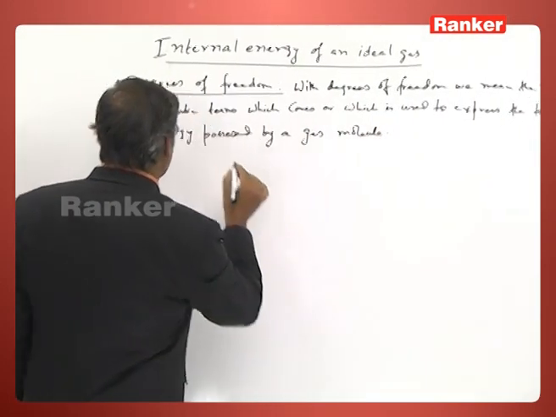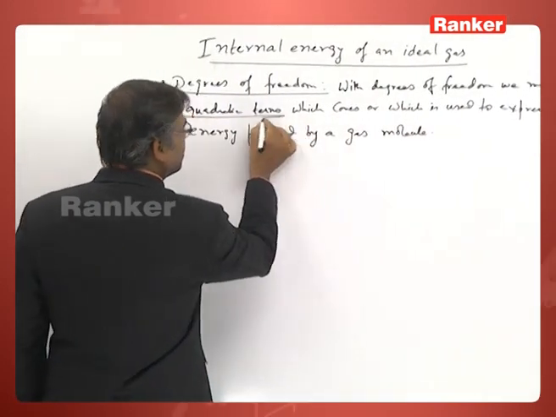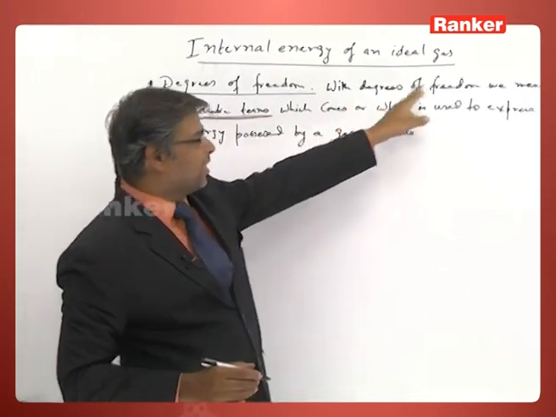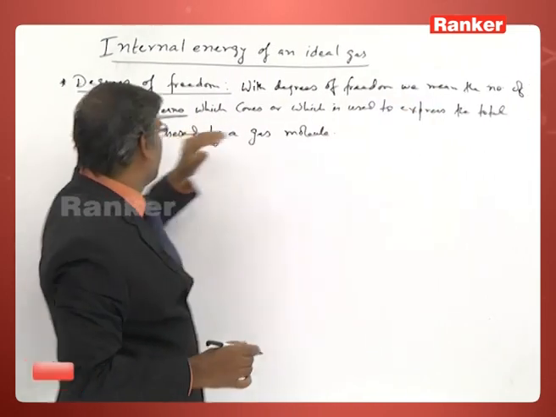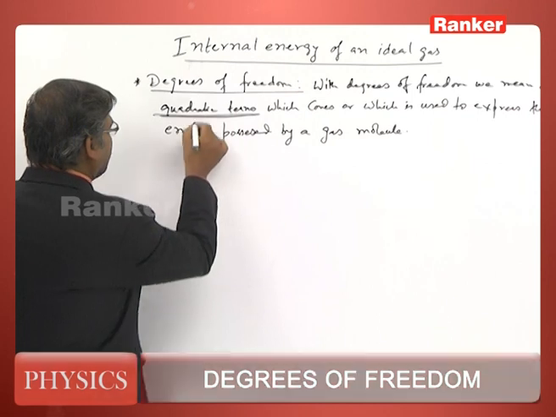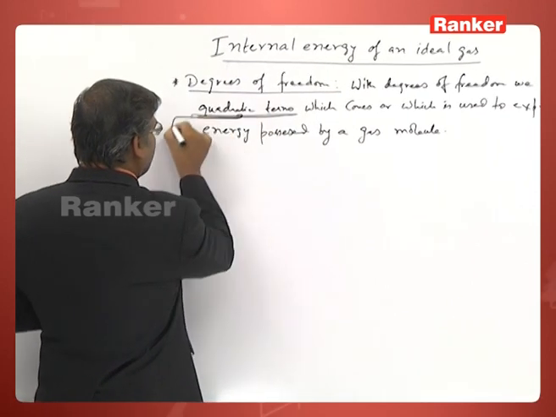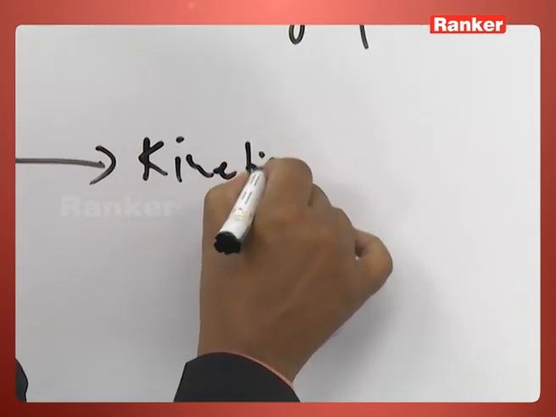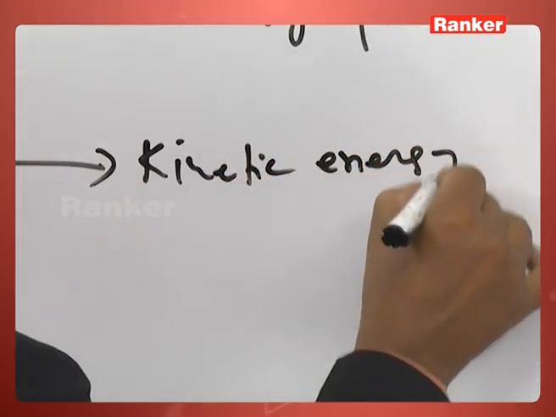Here you can use another word also. With degrees of freedom we mean the number of energy terms, kinetic energy terms. You see this is the quadratic term I have written; that can also be replaced by kinetic energy terms.